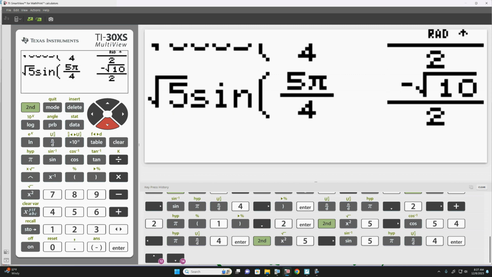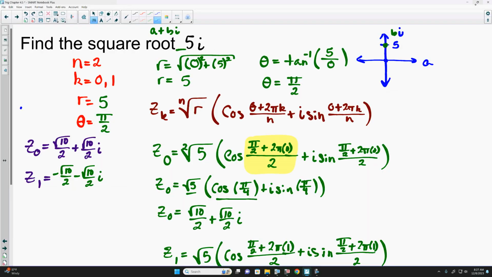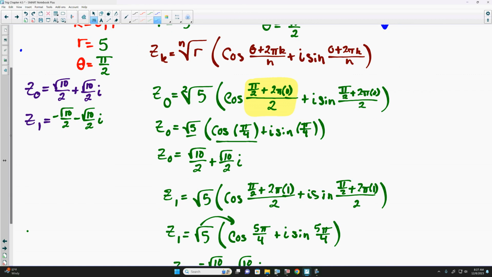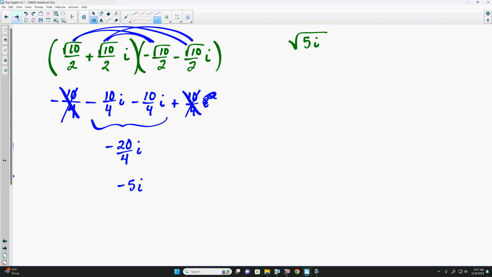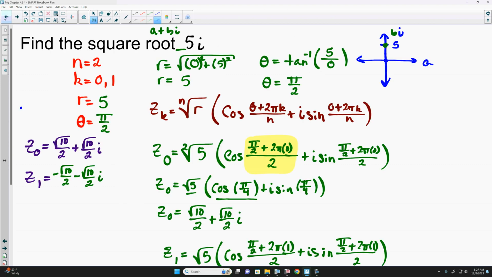Those are the correct answers. I don't know exactly why it gave us a negative instead of the positive version of the answer. But I do find that interesting. I think it's something to do with it being squared. But there you have it. Because those are indeed the correct solutions.